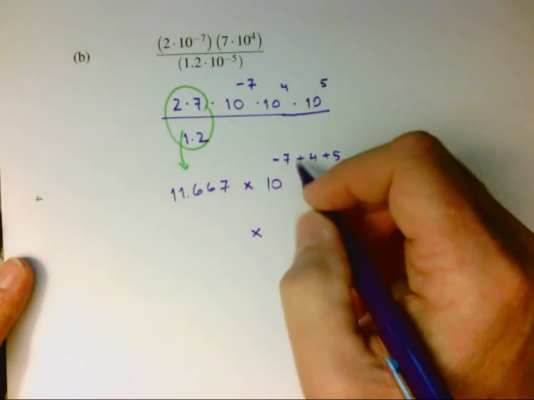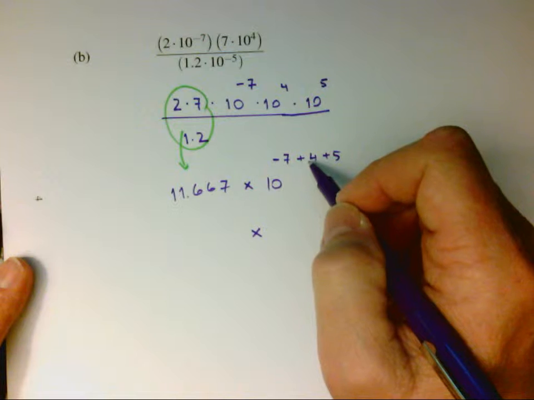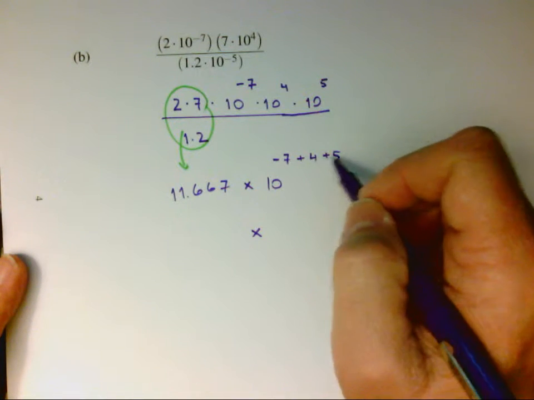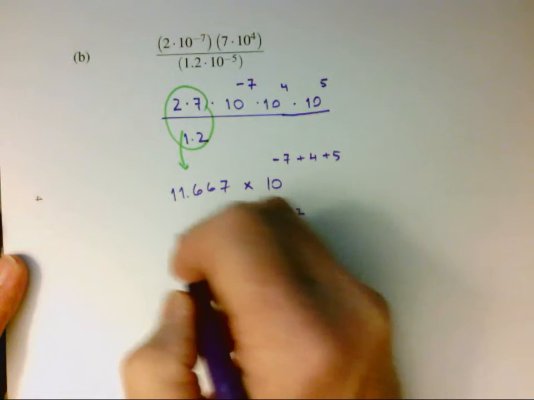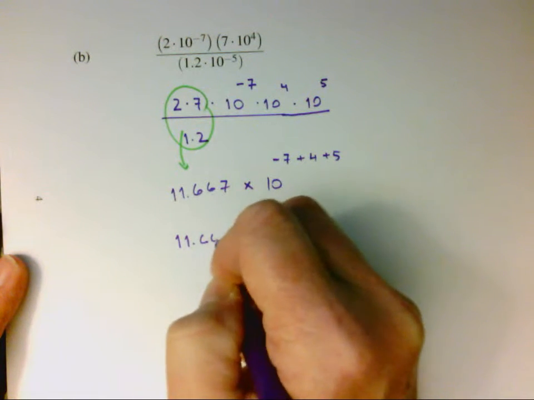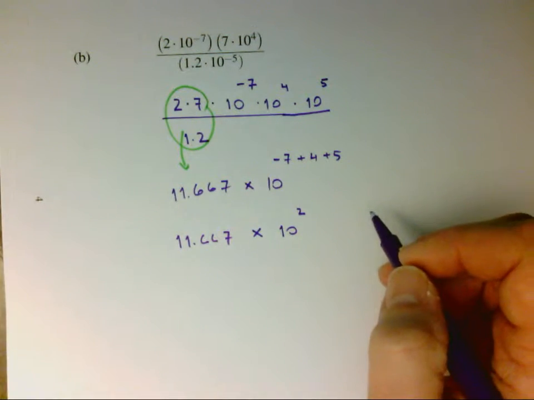Well, negative 7 plus 4 is a negative 3. Negative 3 plus 5 is a 2. You get 10 to the 2. So you have 11.667 times 10 to the 2.